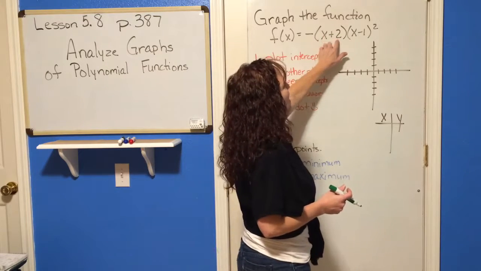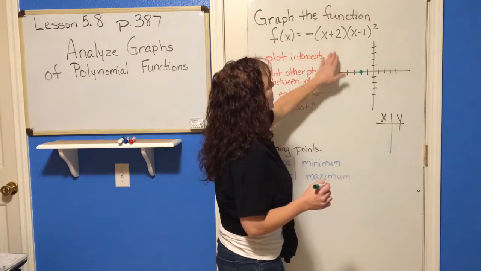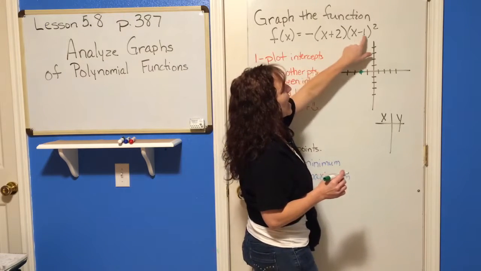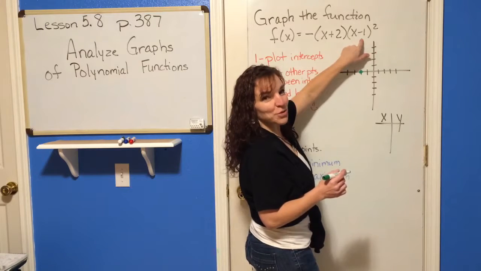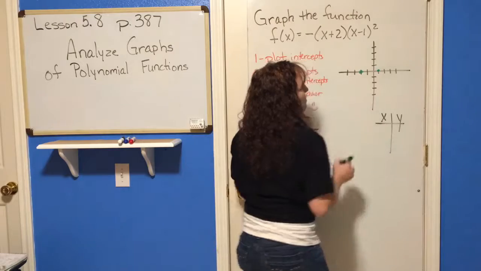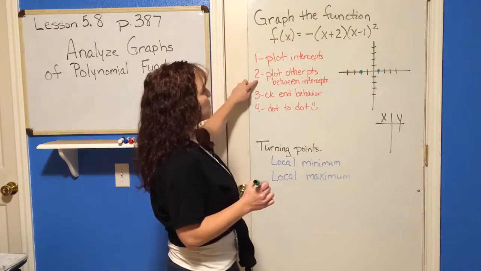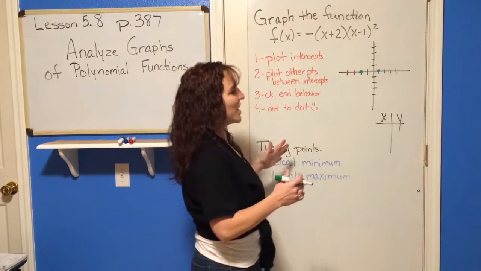So this is going to be a negative 2. So 1, 2, and put a point there. And then we're also going to have 2 spots, or you can't really have 2 spots, at a positive 1. So step 1 is to plot the intercepts. We did that. Now we're going to plot some other points between the intercepts.